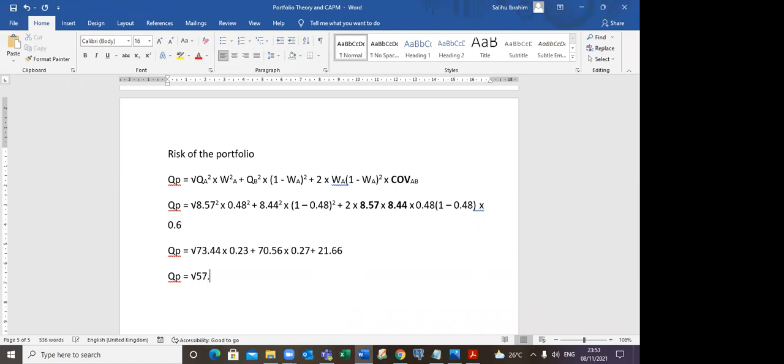57.60. So take the square root. 7.59. So that's the risk of the portfolio.